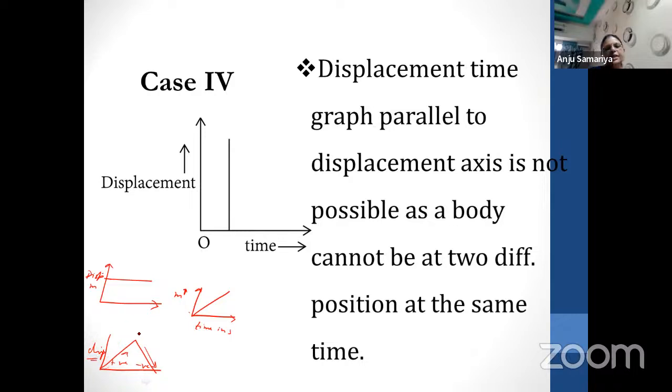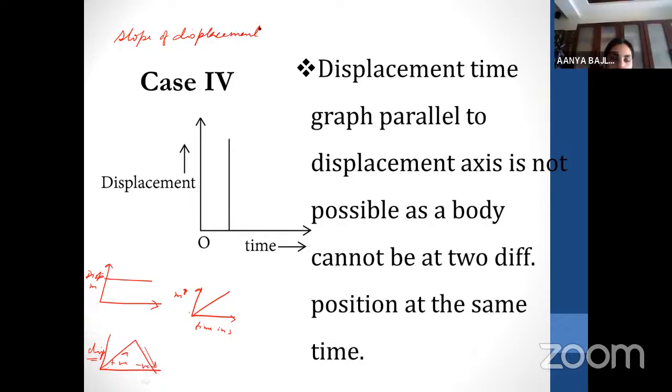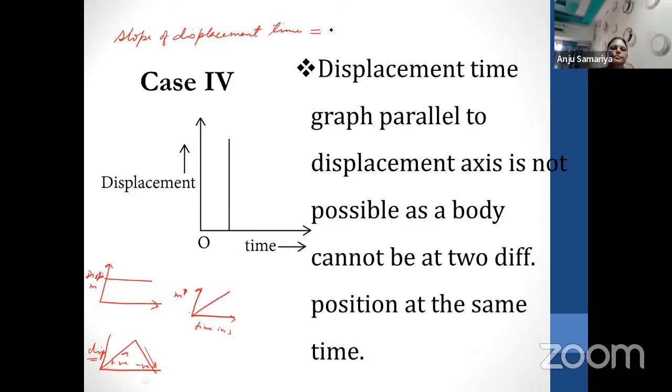So from the slope of the displacement time graph, what do you get? Y2 minus Y1 upon X2 minus X1. That is the slope, the formula for calculating. So what do you get?